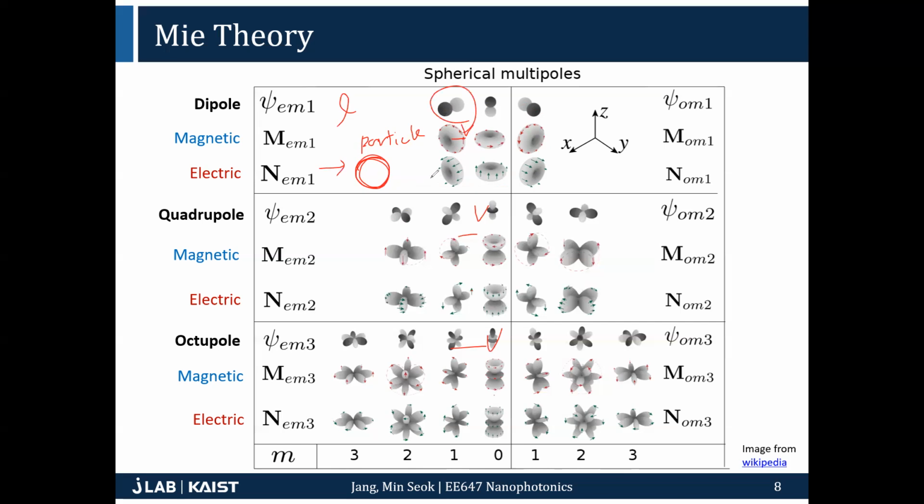So the dipole has the biggest coefficient, and as you go to the higher order, quadrupole, octopole, its contribution becomes smaller, so that in most cases you don't need to keep that many orders. So it would typically be enough to keep the first order only. Only the dipole term would be enough in most cases. Even in unusual cases, keeping up to quadrupole is typically enough.